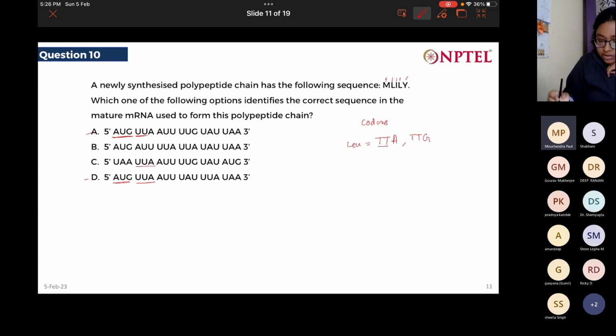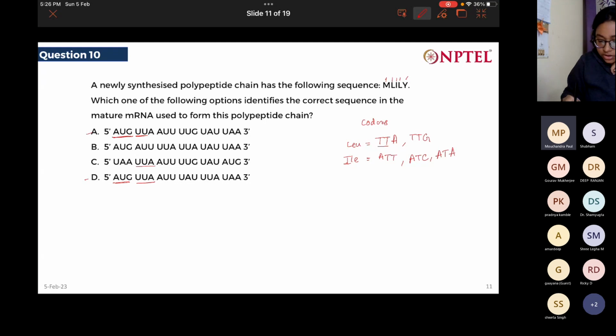Then for isoleucine, you can check the codons. The three-letter code for isoleucine is ILE. It is coded by three codons, ATT, ATC and ATA.